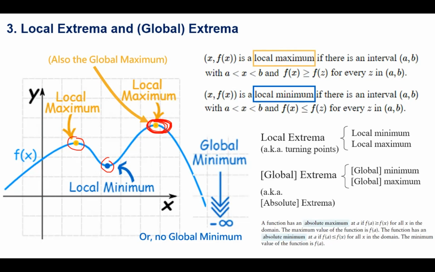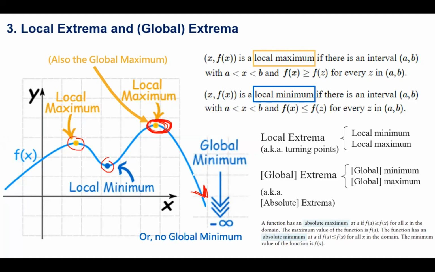The answer is no, because if the curve of this function extends indefinitely toward positive infinity, the global minimum of this function is actually negative infinity, or we say there is no global minimum at all. You understand? Okay. Any questions?